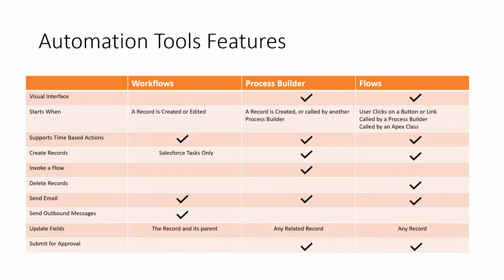For example, imagine you want to create a process builder that updates a task when the task is created. So the process builder, I'm sorry, my headset had a small trouble here. The process builder can edit any related record.